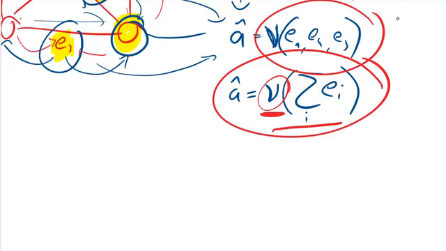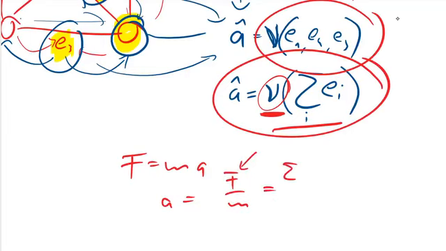As you know, force is mass times acceleration, that means acceleration is equal to force divided by mass. So this here is going to be this sum over the edges, I guess. So you still need to divide it by mass, and technically you still can do much more complicated things right here.